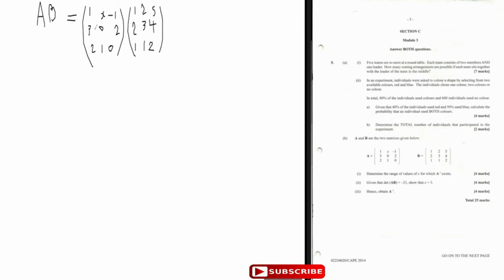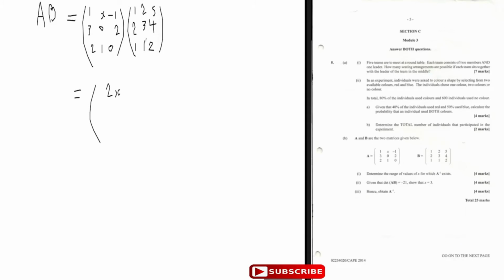So the product of A times B is going to work out to be row times column, row times column. So AB is going to be 1 times 1 plus x times 2 plus minus 1, so that just becomes 2x goes here.